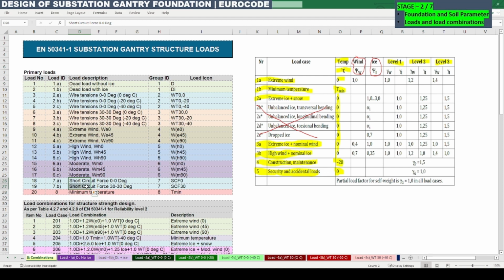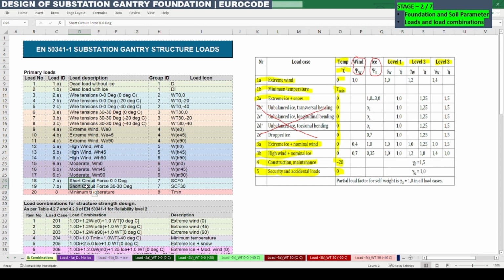Even for the equipment support structure, if you do not consider the short circuit force, well and good, because as per the standard norms the short circuit force is very short term. Even in the wind case, there are some hours of wind applicable, but a very short 1 to 3 second short circuit will not have any impact on the foundation.